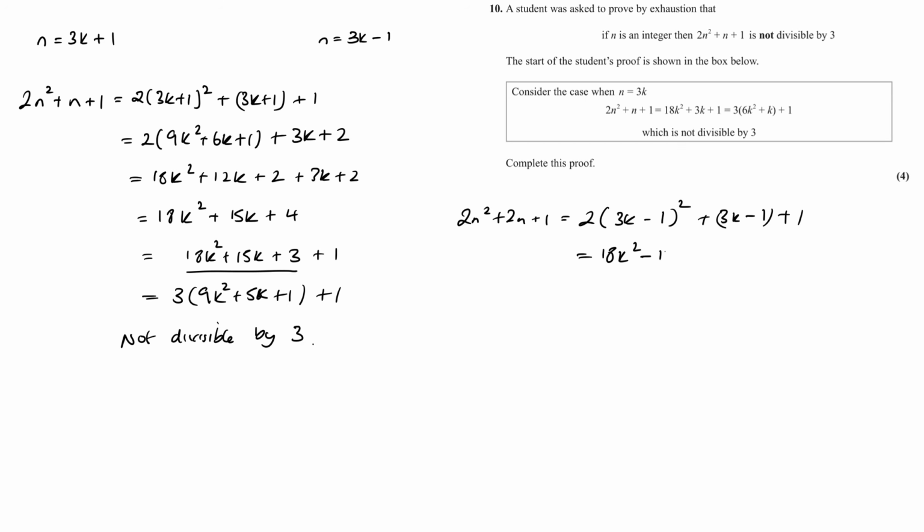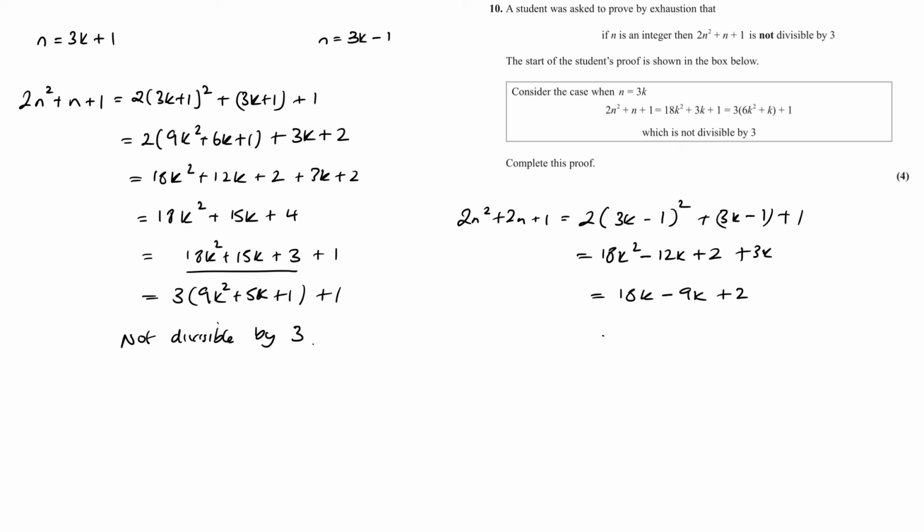We get minus 12k this time, because minus 6k comes out and then times by 2, and then we still get plus 2, then we get plus 3k, and that's it, isn't it? Because the minus 1 and the plus 1 at the end do cancel. So I end up with 18k squared minus 9k plus 2.